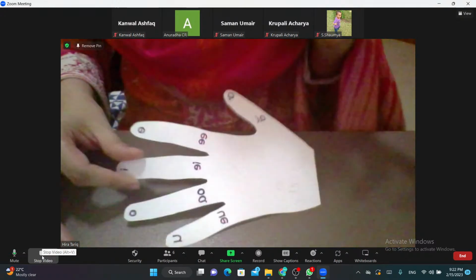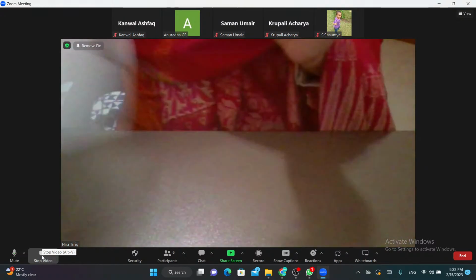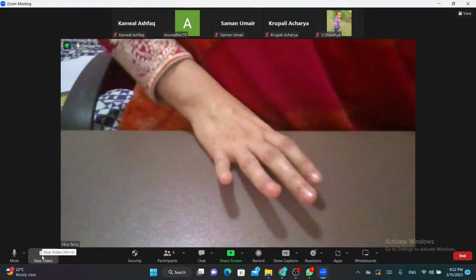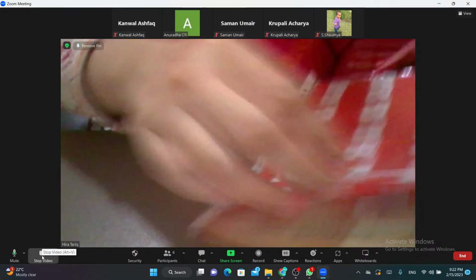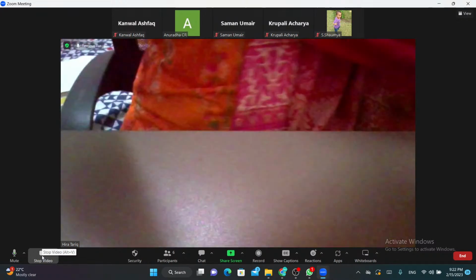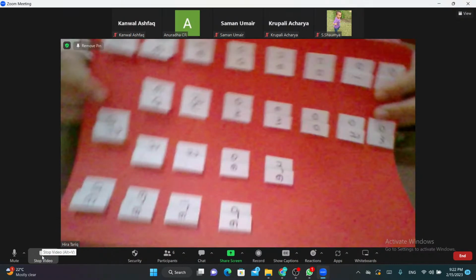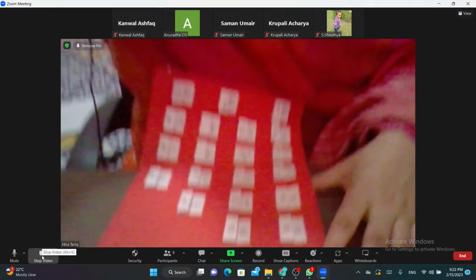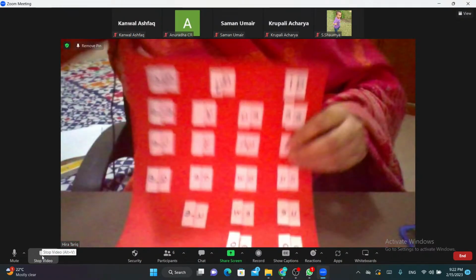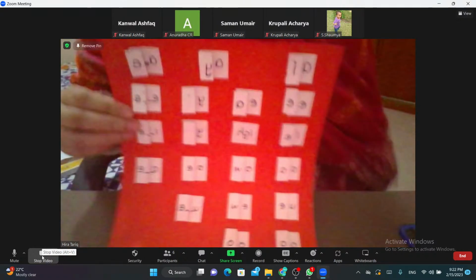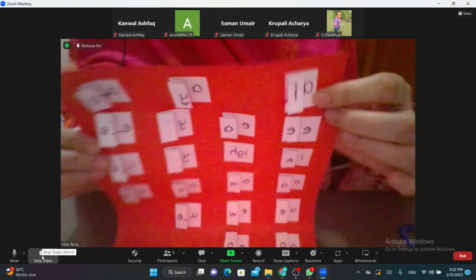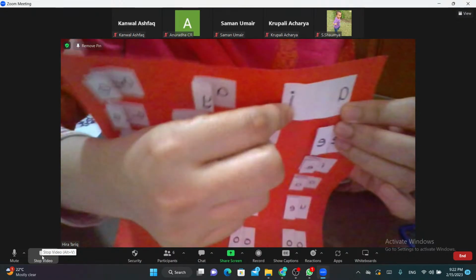For the alternative spellings, let me show you something. Once you are done, because we need repetition and revision, you can also make some posters like this, okay? For the alternative spelling, let me just make it a little up. Look at this, a multisensory way.